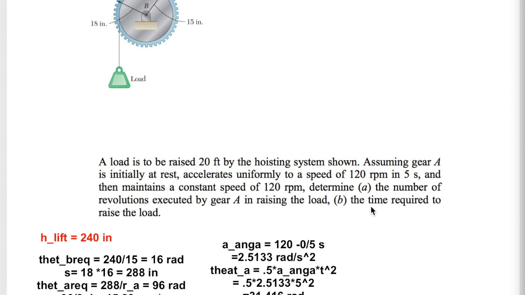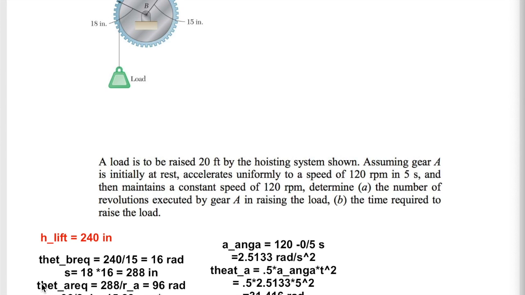Then we calculate the circumference travel using the equation RA times theta A equals RB times theta B, this theta required to be, and this R size of A, and we get 288 inches for that circumference travel.